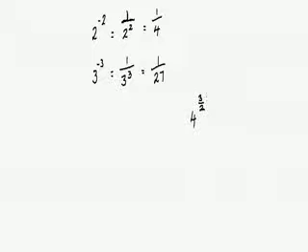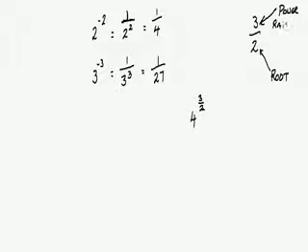Now if I rewrite this power, just to explain, the bottom part of the fraction is the root, and the top part of the fraction is the power raised, okay, and I'll explain what I mean by that.